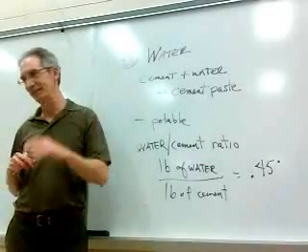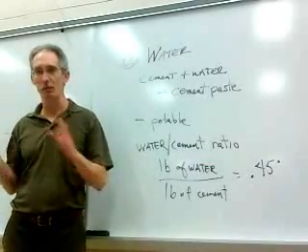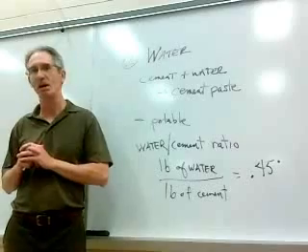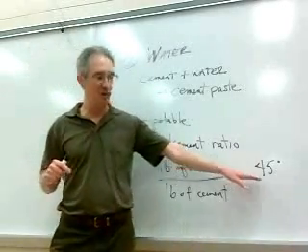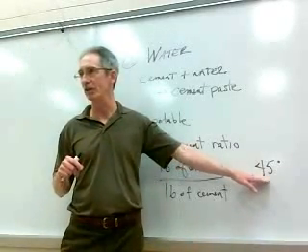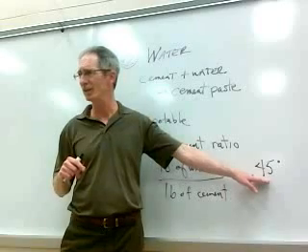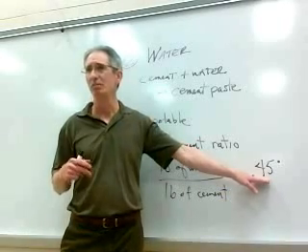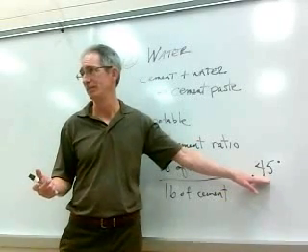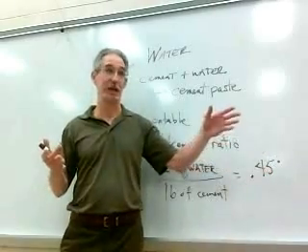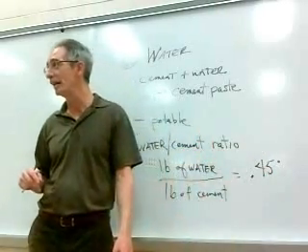But again, I hedge on that word typical because we can do a lot of different things with concrete. We can make concrete with water cement ratios down on the order of 0.27. That's extremely dry.